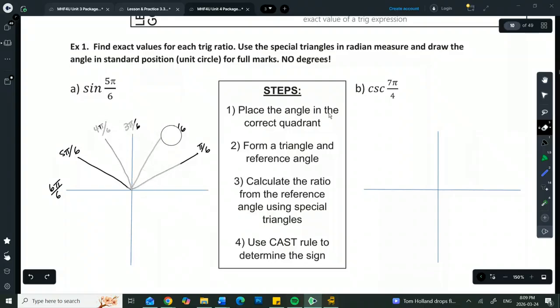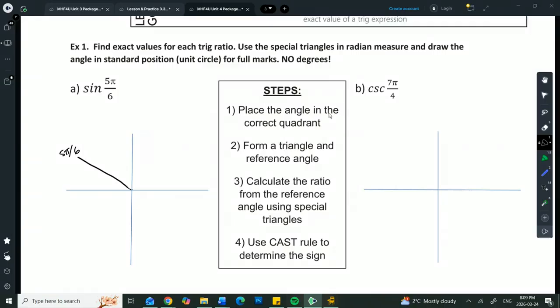So we can get rid of these. We don't really need those. But there's our 5 pi over 6. And the nice thing about working in radians is that when we form the triangle and figure out the reference angle, it's actually quite easy to find because we can see the reference angle directly in the radian measure itself, which is pi over 6.